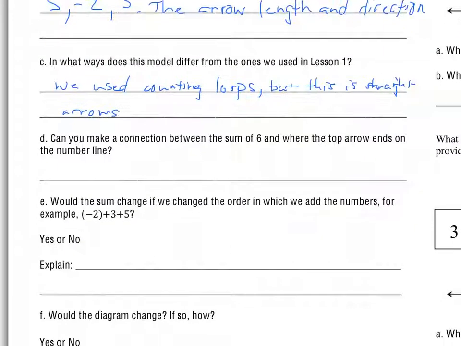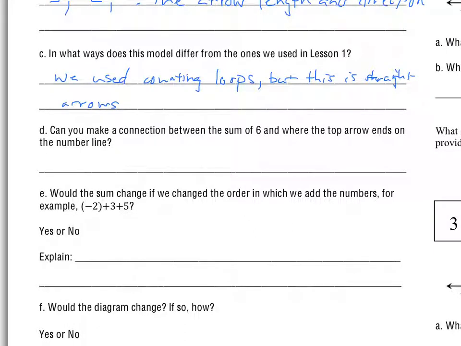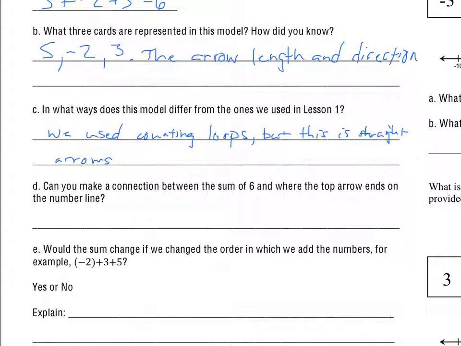Can you make a connection between the sum of 6 and where the top of the arrow ends on the number line? So the top arrow ends at 6. So the sum is 6. That's how this particular diagram works.